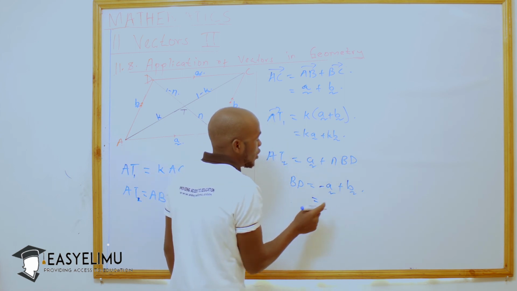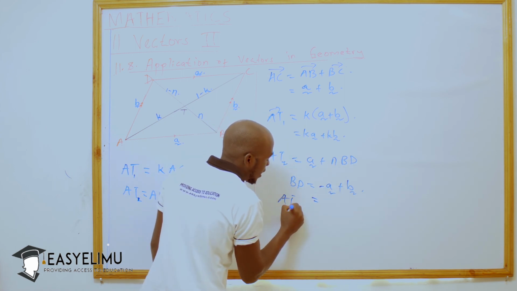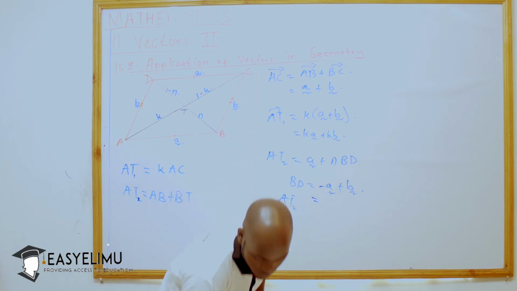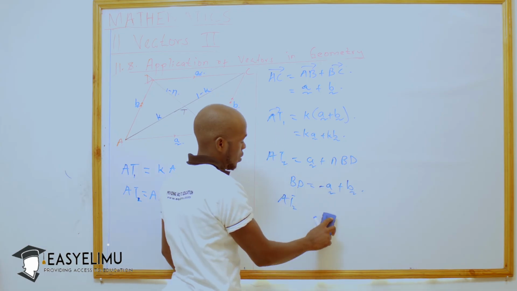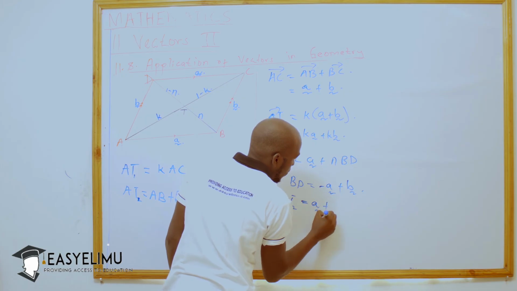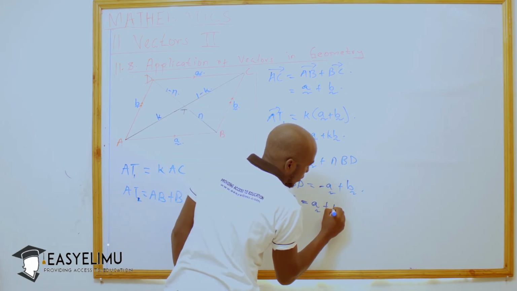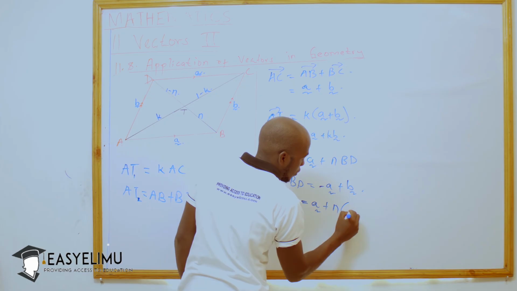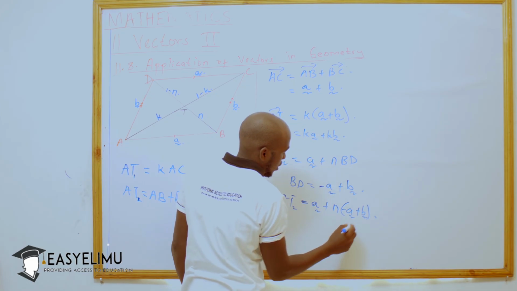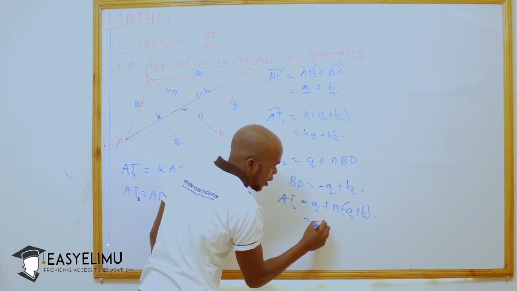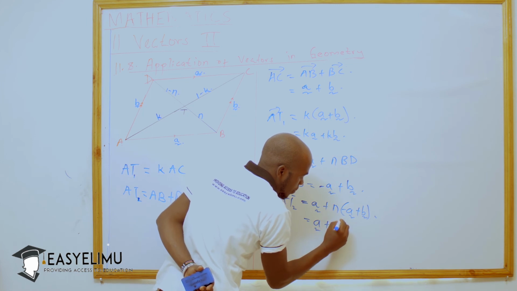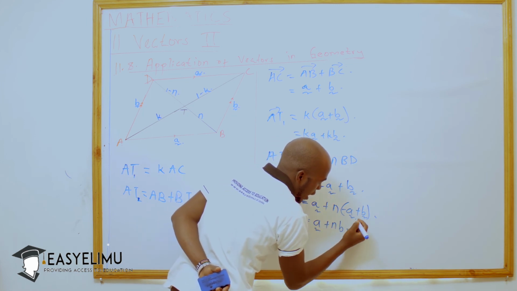So our AT2 is going to be equal to vector A plus N of negative A plus vector B. If you open the bracket, you are going to have vector A plus NB minus NA.